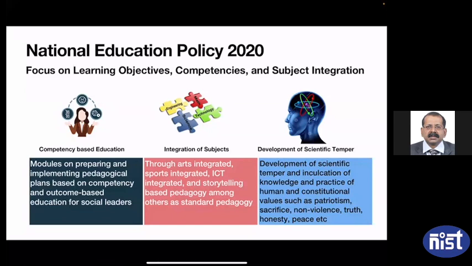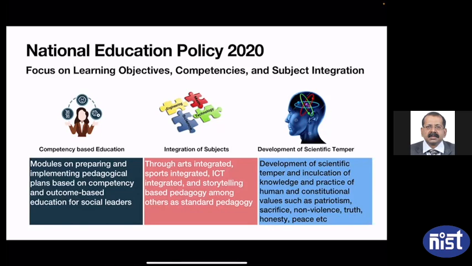So obviously an integration is a natural byproduct of this flexibility. So the curriculum will be arts integrated, sports integrated, ICT integrated, and things like storytelling based pedagogy, among others, as standard pedagogy. So therefore, all these elements will be integrated in the curriculum.